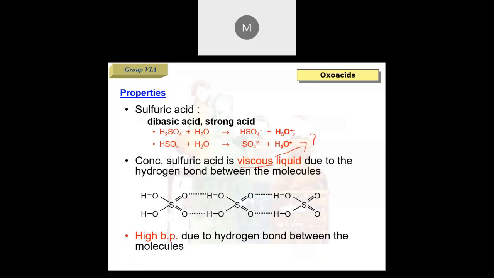What does it mean by viscous? It is due to the hydrogen bonds between the molecules. So it will form somewhat like a polymeric chain with a high boiling point due to the hydrogen bonds between the molecules.